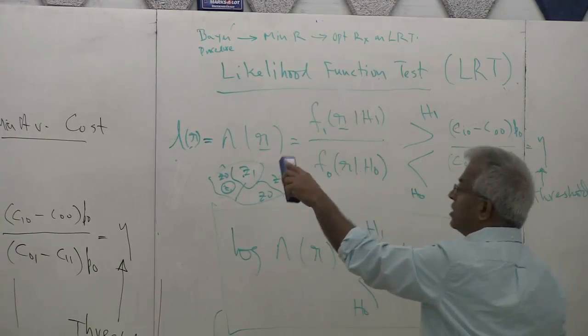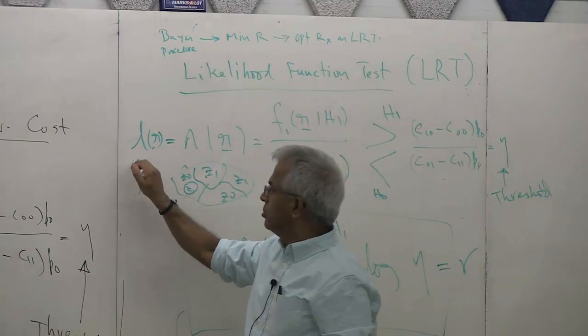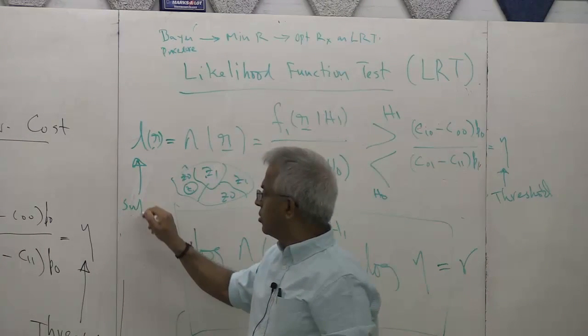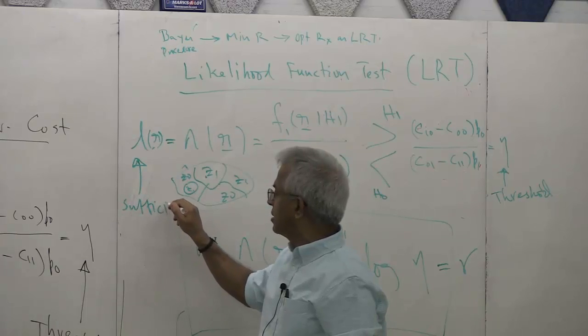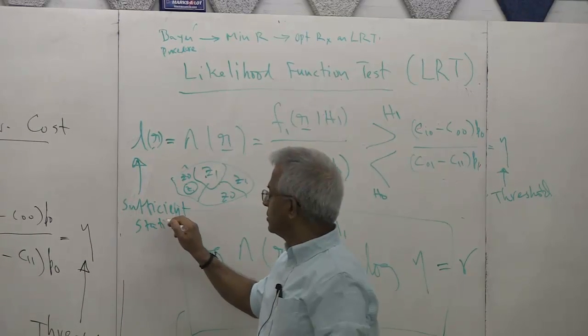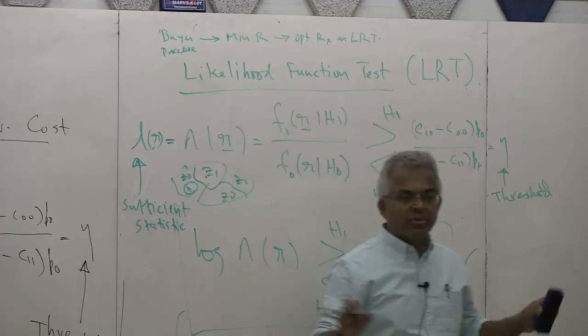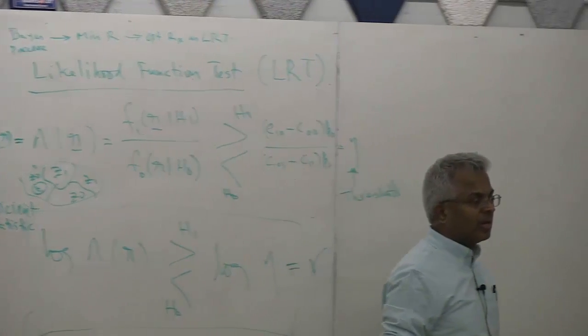The likelihood function in its simplest form, which may not make much sense to you yet, is also known as the sufficient statistic.